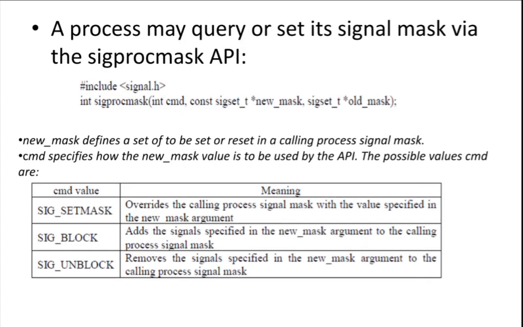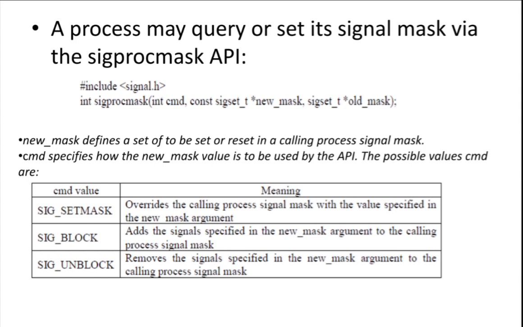Next, if a process wants to query or set its signal mask, how can it do that? A process can set or query its signal mask using the sigprocmask API.